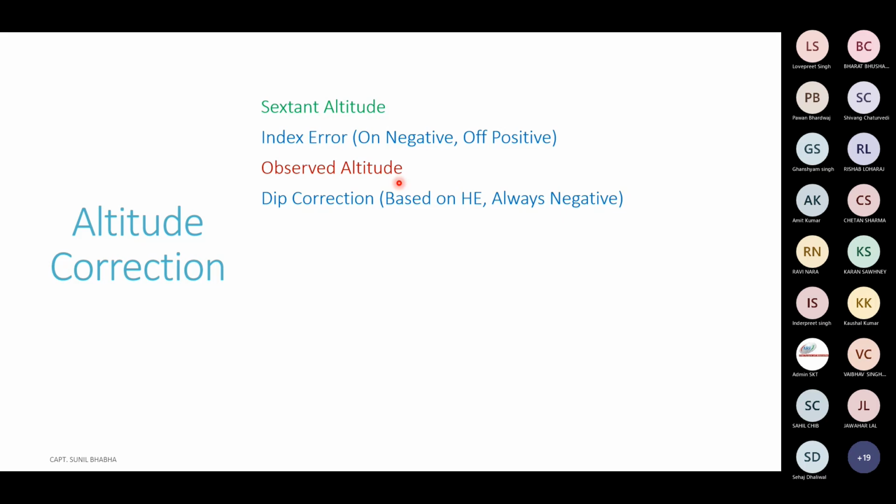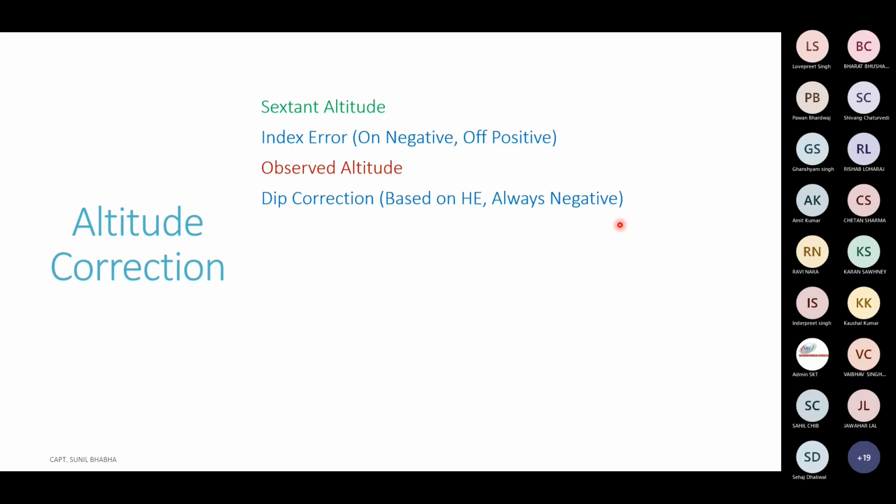The next correction which we apply to the observed altitude is the dip correction. Now this dip correction is based on the height of eye of the observer, and this dip correction is always negative. Now, where do we obtain this dip correction?